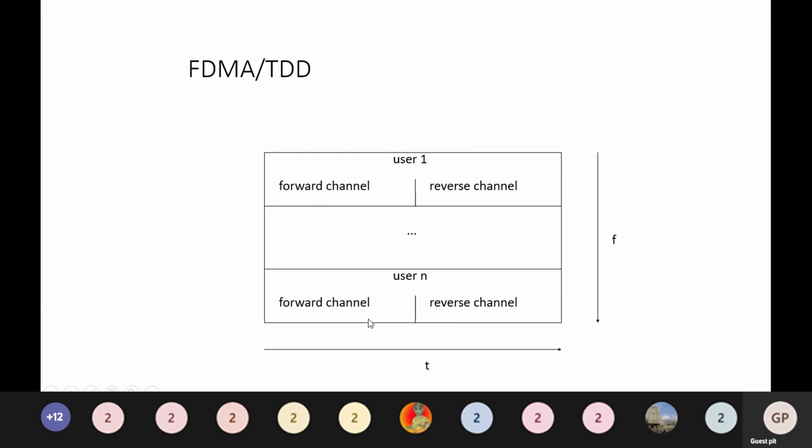User one accesses the channel's frequency band, with a forward channel and a reverse channel, and likewise all the users.